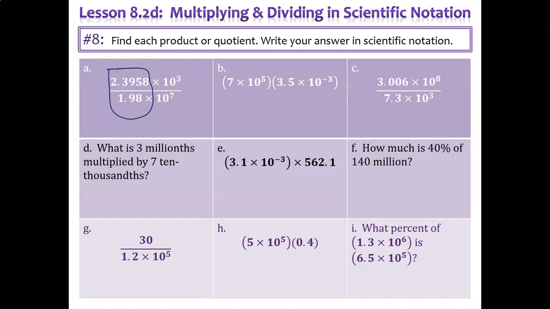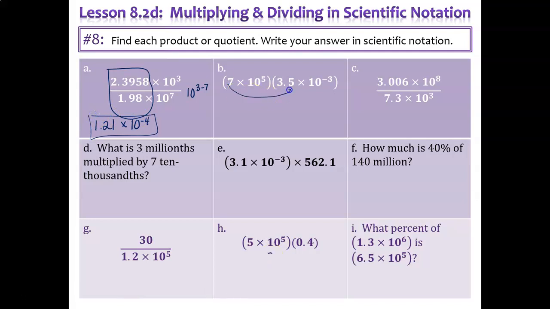When I divide 2 and 3,958 10,000ths by 1 and 98/100ths, you get 1 and 21/100ths. When you take 10 to the 3rd and you divide it by 10 to the 7th, you're going to subtract the exponents. So I have 10 to the 3 minus 7 power, which is 10 to the negative 4.